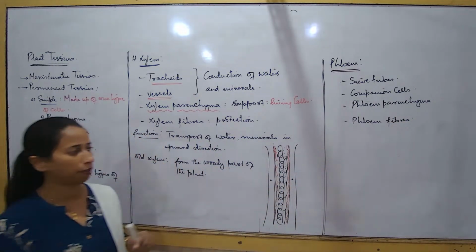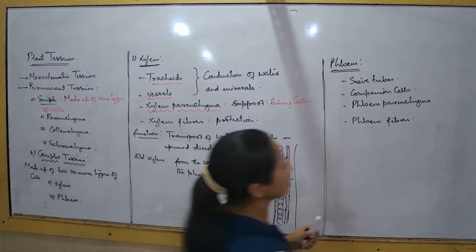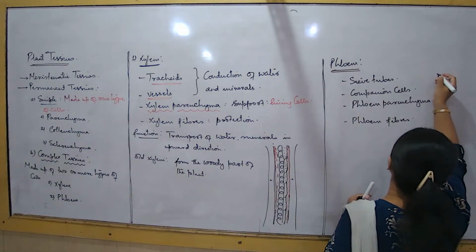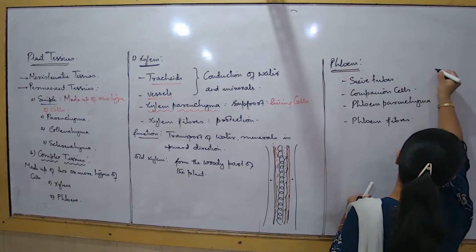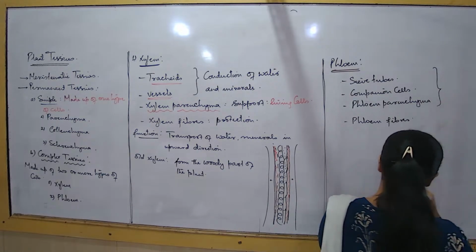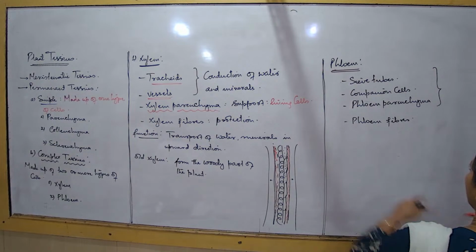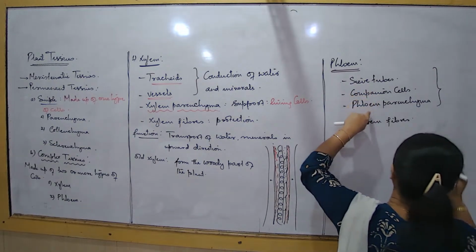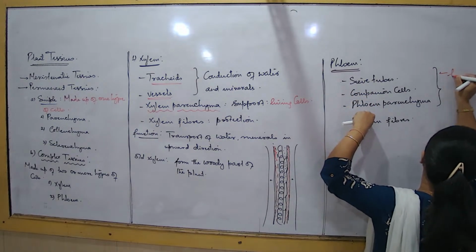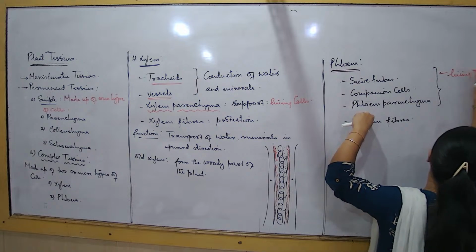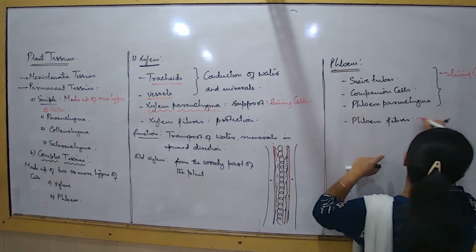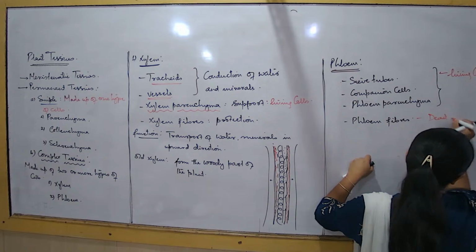Now out of these cells of the phloem, which are the cells which basically help in the transport? The sieve tubes, companion cells, and the parenchyma are basically the living cells of the phloem, and the fiber is the dead cell of the phloem.